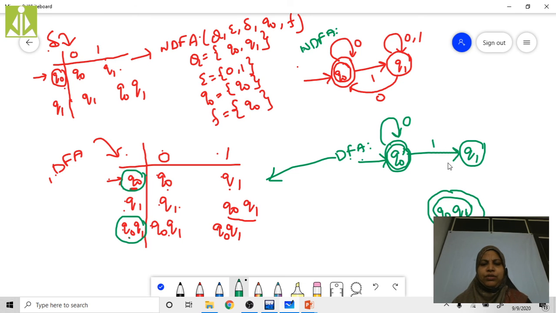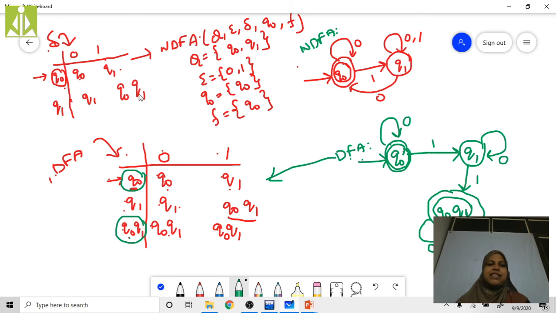Q1 on 0 goes to Q1, a self loop. Q1 on 1 goes to Q0 Q1. Q0 Q1 on 0 goes to Q0 Q1. Q0 Q1 on 1 goes to Q0 Q1.